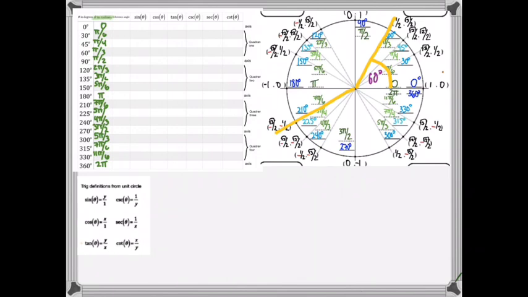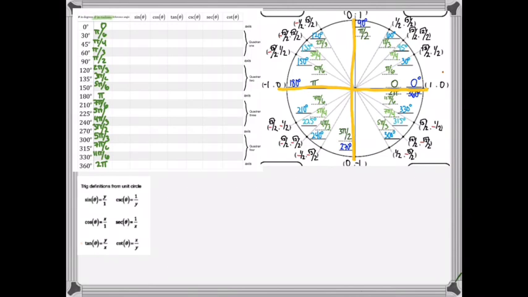Your reference angle would be 30 degrees because it is the degree measure that you make with the closest x-axis. We also have to recognize that the y-axis and the x-axis, we can't make triangles with those because there's no way to make the triangle either way, and so those don't have a reference angle.